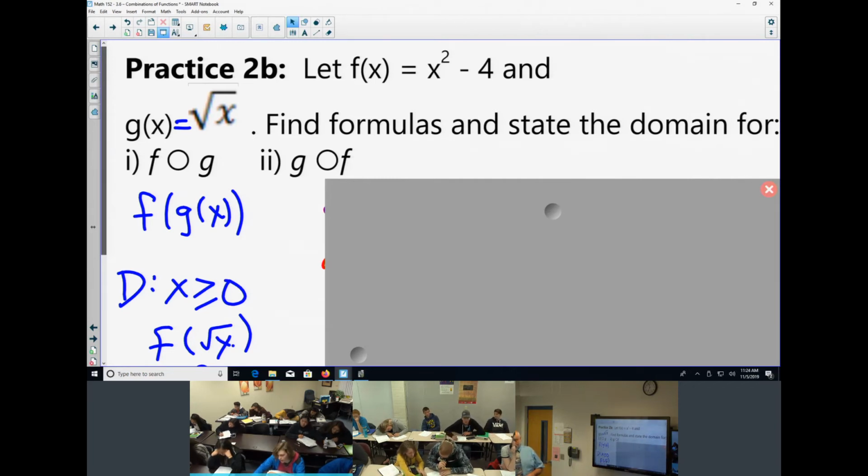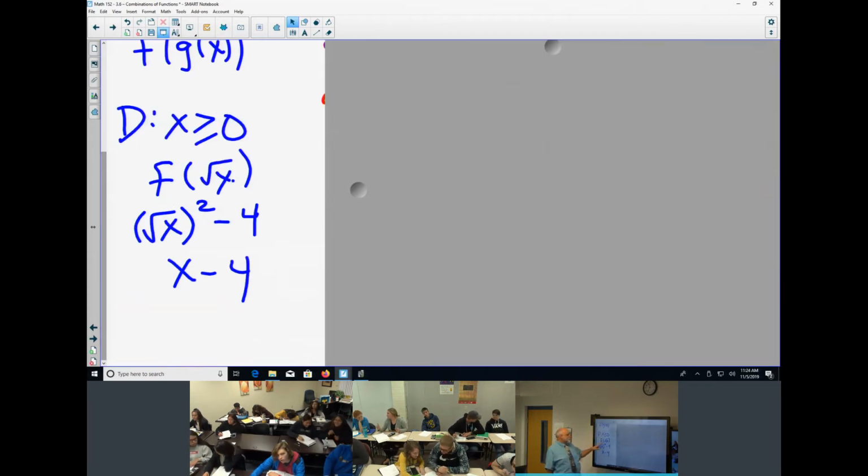When you have the f of g, that means you would put g in for x in the f of x equation, right? That's correct. The g function. So the g of x is the square root of x. Now in place of x in the f function, you're going to plug in the square root of x. So instead of x minus 4, it's the square root of x squared minus 4. Okay, thank you.